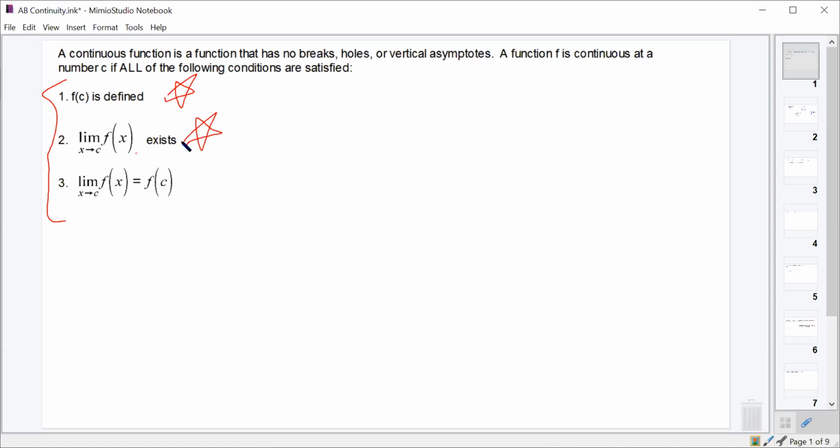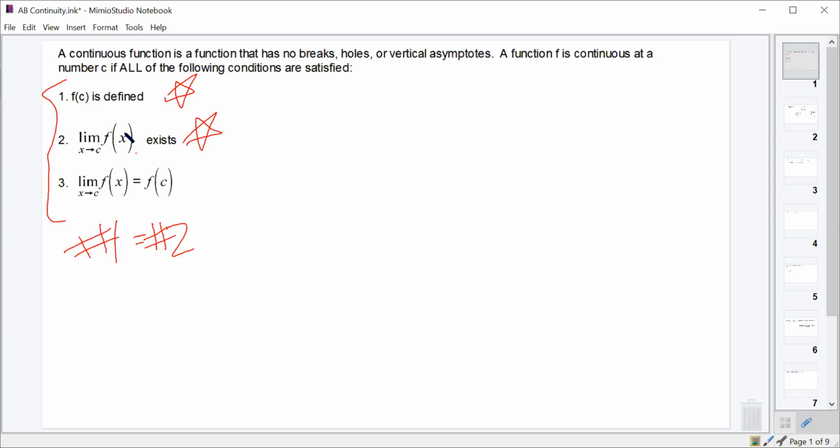And then lastly, that limit has to equal the value of the function. So the limit at C has to equal the value of the function at C. Numbers 1 and 2 up there have to be equivalent. If all three of these things apply at a point, that means the function is continuous at that point.